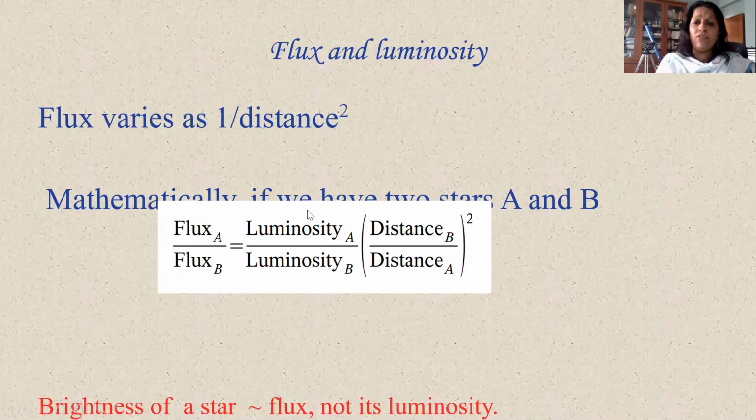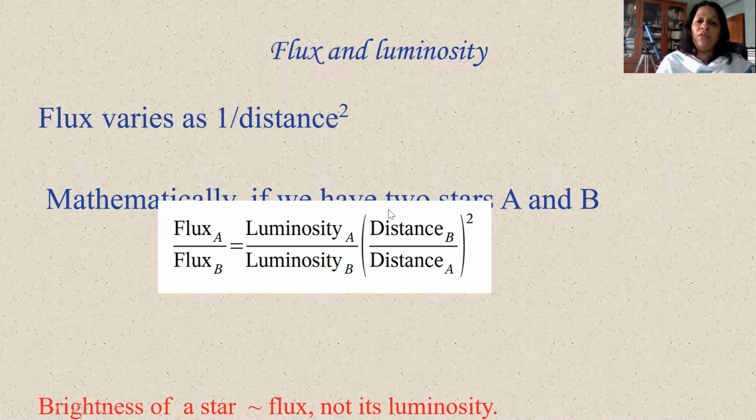Now the other concept which we have over here is that of flux. What is flux? Flux is the amount of luminosity that comes to you per unit area, right? And therefore it varies with 1 by d squared. So if I were to compare two stars A and B, the flux of A divided by the flux of B would be the ratio of the luminosities multiplied by the inverse ratio of the distances squared.